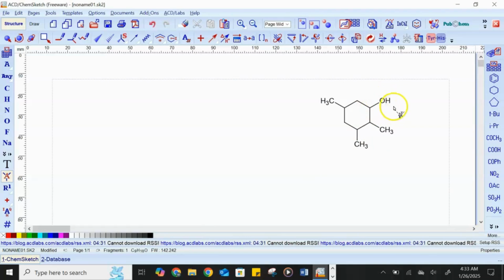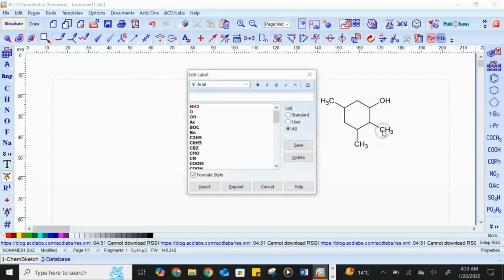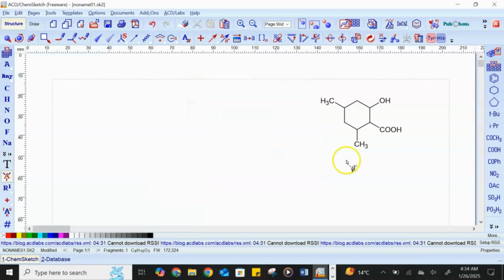As you can see, it's changed automatically. Then you repeat the same process based on the compound you are trying to draw, following the same procedure over and over again.